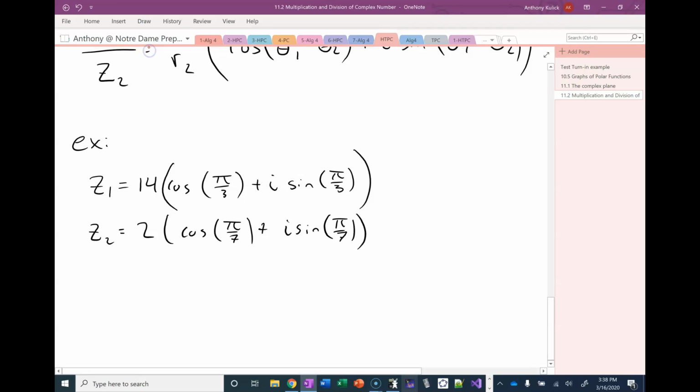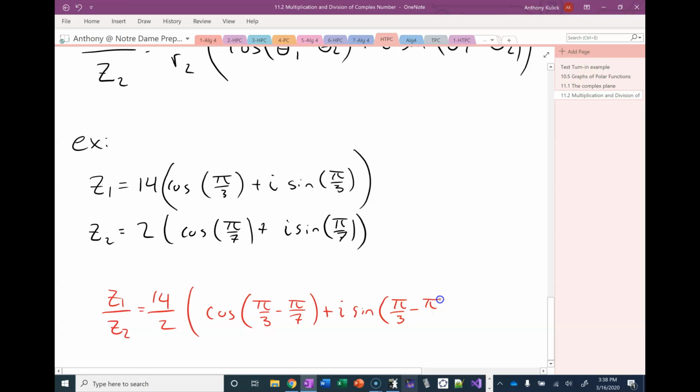Let's use a color here. So z1 divided by z2. So I'm going to have 14 divided by 2 times cosine of pi over 3 minus pi over 7 plus i times sine pi over 3 minus pi over 7.